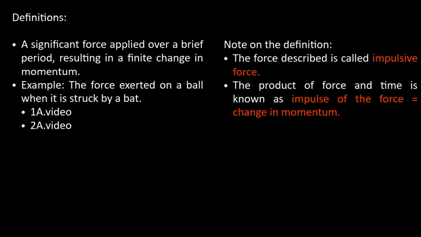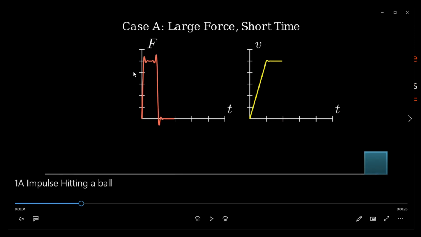That's what significant means. Applied over a brief period, a very short point of time, it results in a finite change in momentum. So that's the whole idea over here. I introduced the idea that it's not an easy thing to draw, and I told you that the time duration is very small, so it's not an easy thing to get.